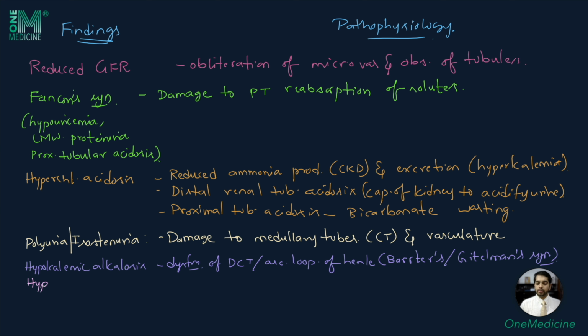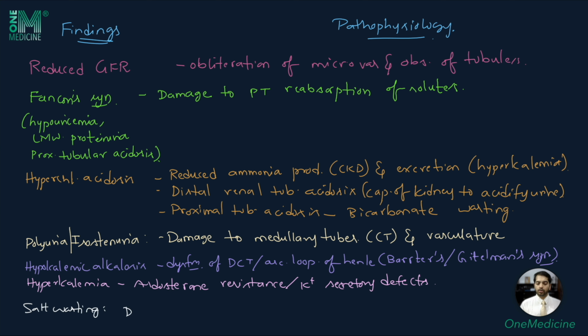There can be hyperkalemia secondary to aldosterone resistance or potassium secretory defects, or there can be salt wasting, which can happen due to distal tubular defects with impaired sodium absorption.